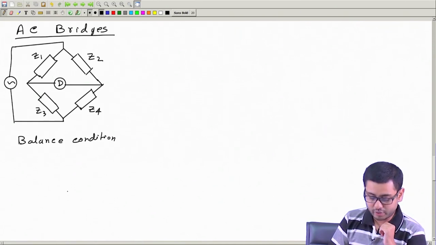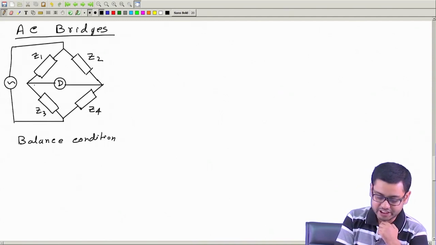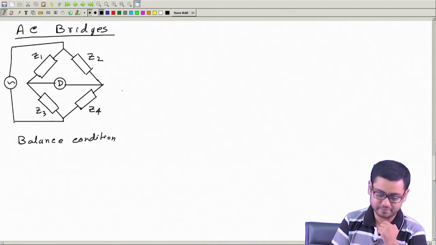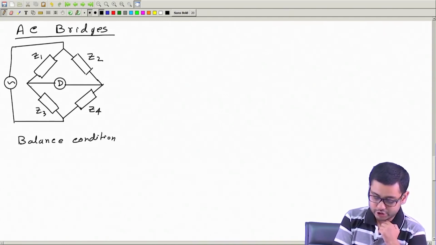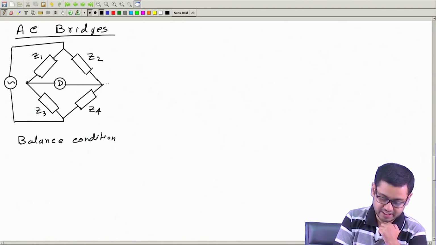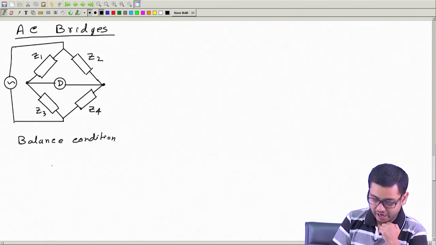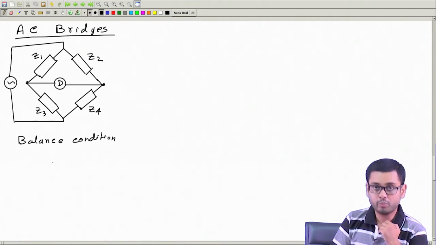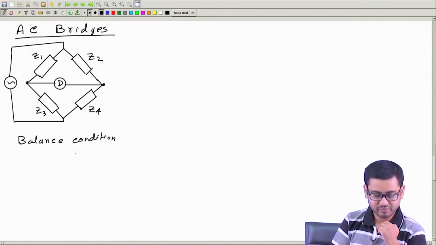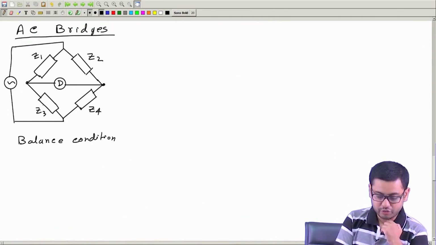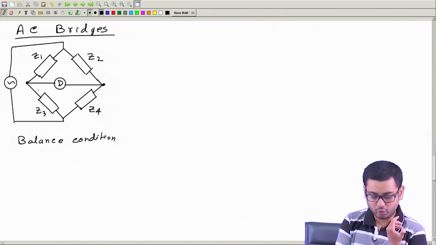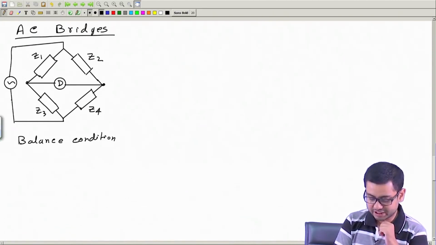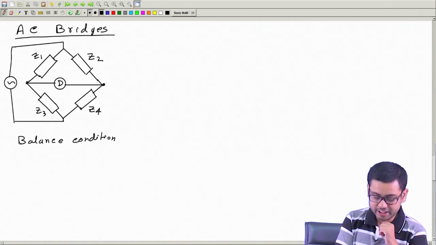What do we mean by balance condition and null condition? It is the situation when no current flows through this detector. That is only possible if the potentials here and here are exactly the same, both in magnitude as well as in phase, because now we are talking about AC. In case of DC, there is no phase associated with voltage, but now we are talking about AC voltages.